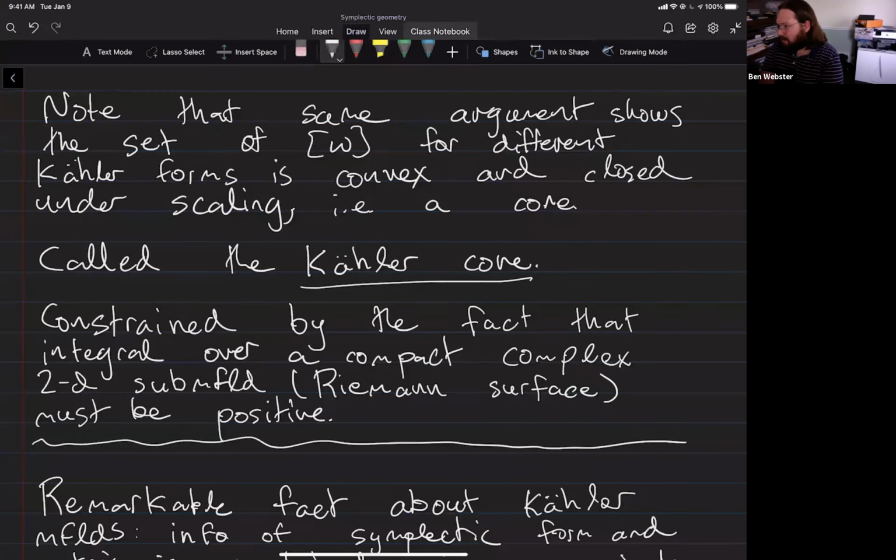And maybe one extra thing I will say is, in the very first class I was talking about classical mechanics, and one of the students asked, what about quantum mechanics? That condition about your Kähler form being integral is a kind of quantization condition.